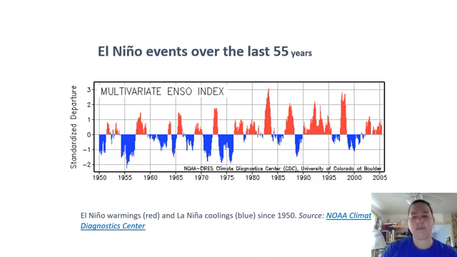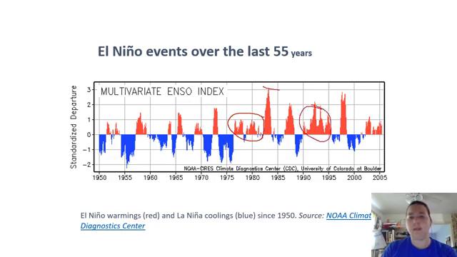So from 1950 to 2005, you can see the El Nino events here. As you can see, they're happening in very defined intervals. You can see ups and downs. But one of the things we're noticing is that they're becoming more common.